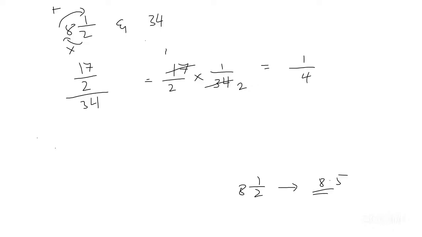Mm-hmm. See, if you want to do it with the decimal method, we have 8.5 and 34. Multiply both with the same number to eliminate the decimal. Both should come in that table. So we are taking 4 and 34.